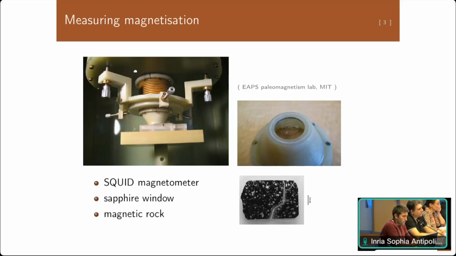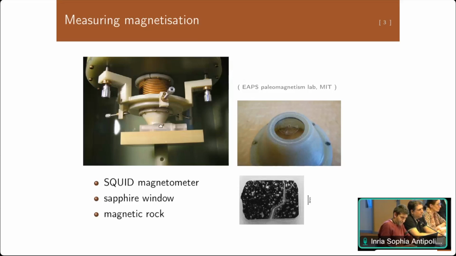They use a SQUID magnetometer to measure the magnetic field produced by a sliced rock. Here we can see the slice of a rock, glued on the support under this huge machine, which embeds the magnetometer, but mainly the cooling device.